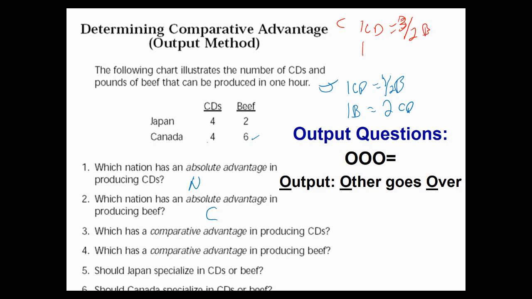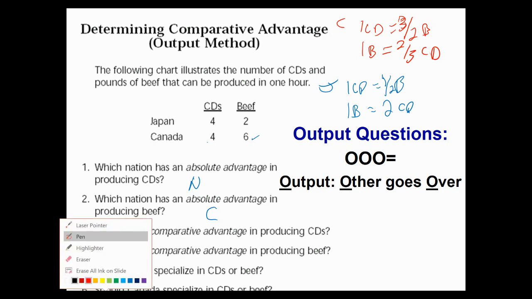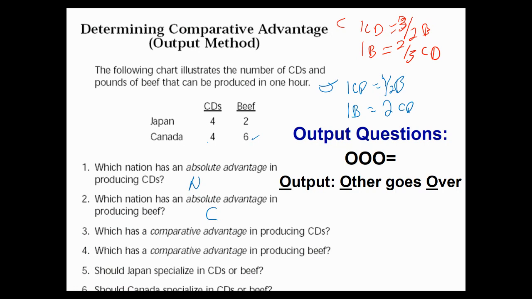And then for 1 beef, we could use the reciprocal, or we could just go 4/6 because it's other, over, which is 2/3 of a CD. Now we calculate the opportunity cost. Let's use black here. Now it says calculate the comparative advantage for CDs.